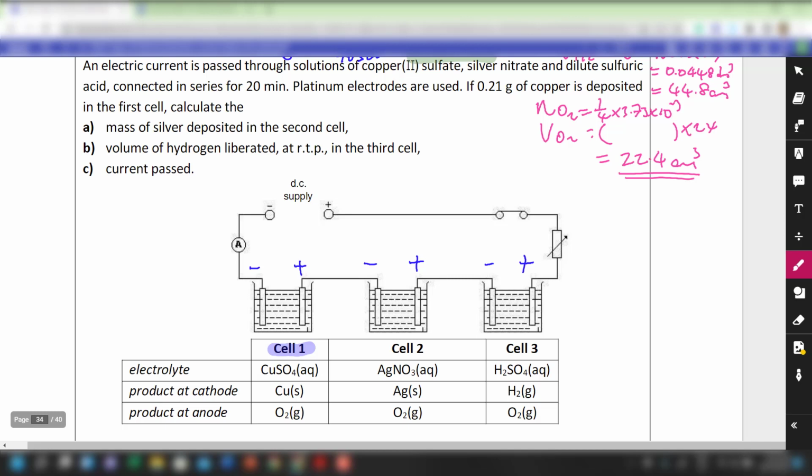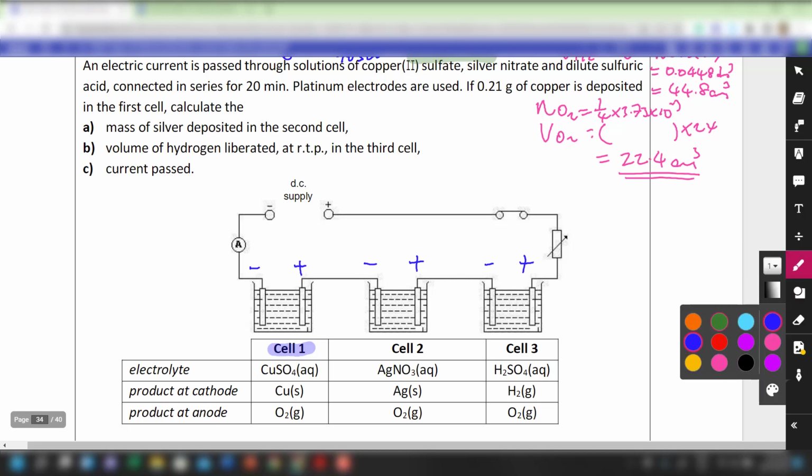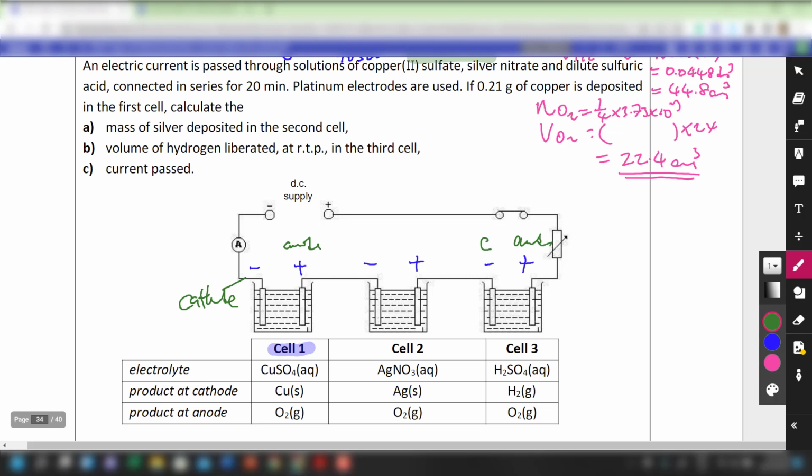Because reduction took place, this will be the cathode. And then of course it will be followed by anode, and over here will be anode, cathode, anode, cathode.